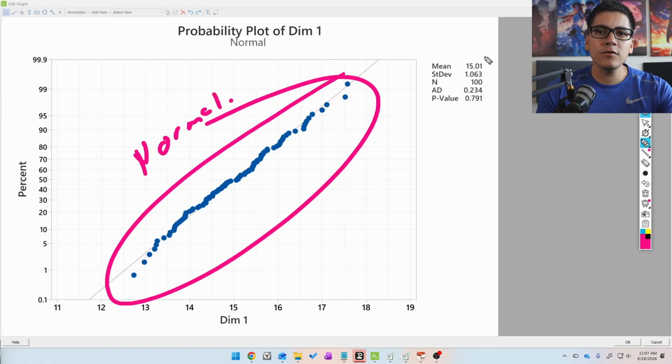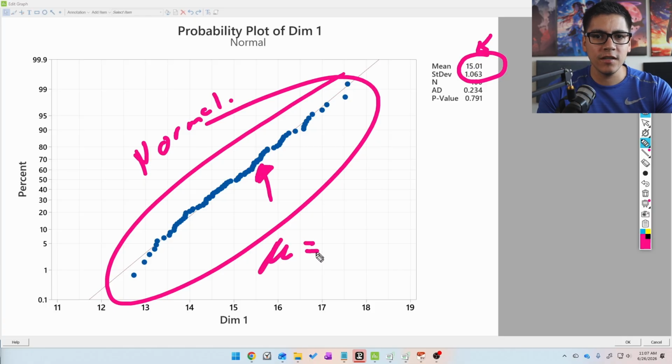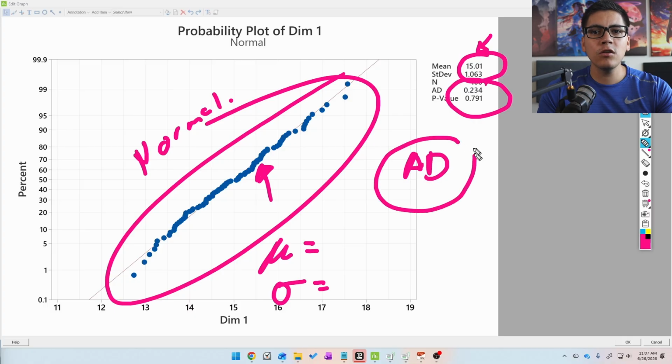Now, I also get information about the data mean, the data standard deviation, based on the sample set that was taken. So this is the average of my data and the standard deviation of my data set. I get the Anderson-Darling statistical value, which I could look up in an Anderson-Darling normality test table, but I don't need to do that because Minitab translates that to something that we call p-value.